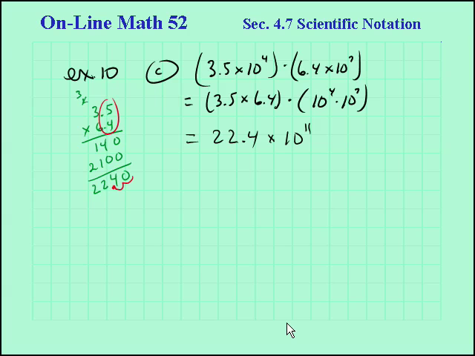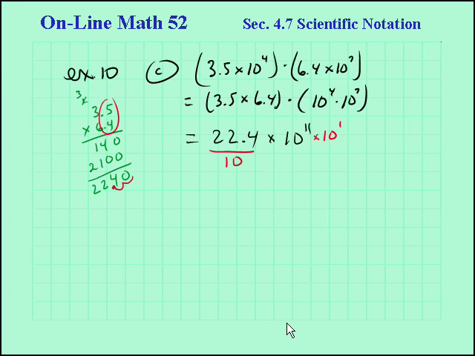Yeah. The 22.4 is not proper scientific notation. So here's where I have to adjust the problem. It's too large, so I'm going to divide by 10 to make it 2.24, and then I've got to multiply by 10 to the first. That's still by 10, so I have to adjust it this time.